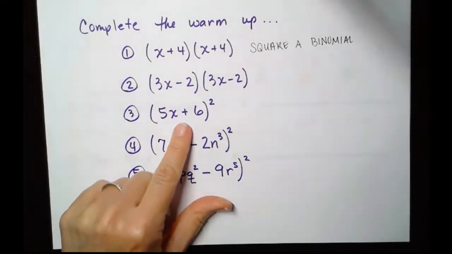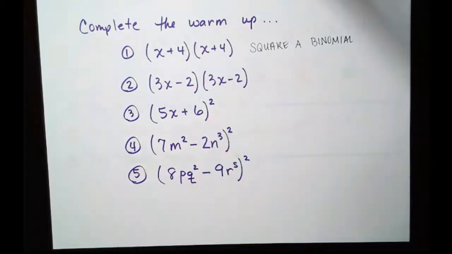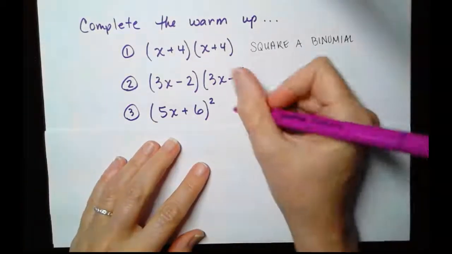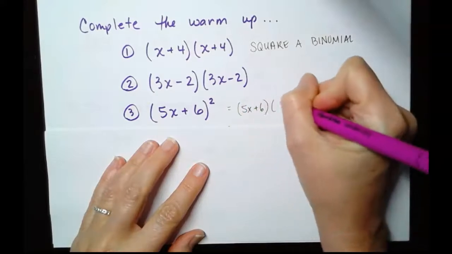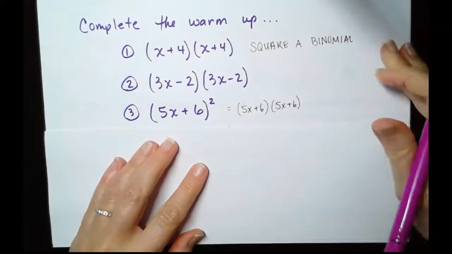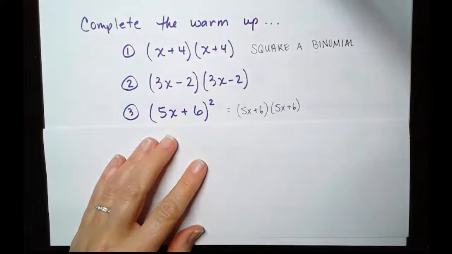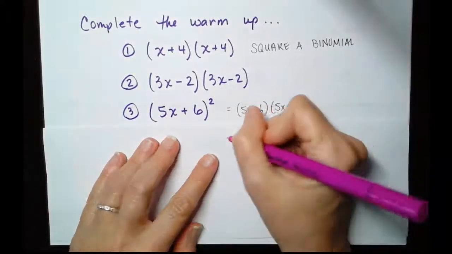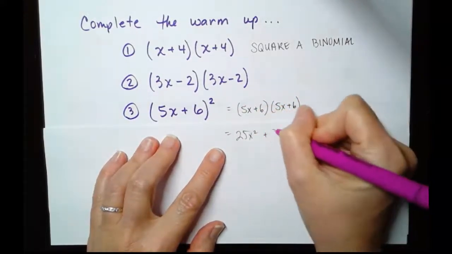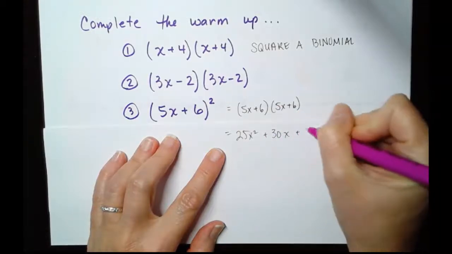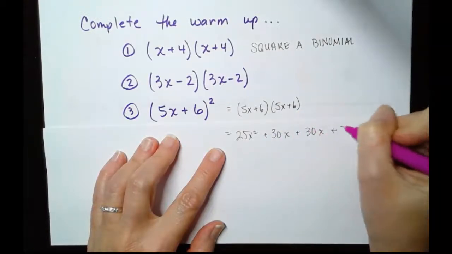Number 3. Notice that we can also write 5x plus 6 quantity squared. We can write it using the exponent. It means exactly the same thing as 5x plus 6 times 5x plus 6. And you have to use the FOIL method in order to simplify this. So first sides, outsides, insides, and last sides.